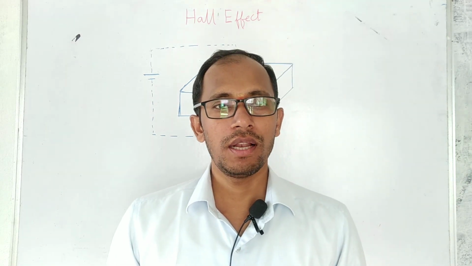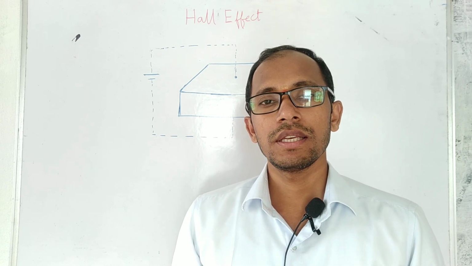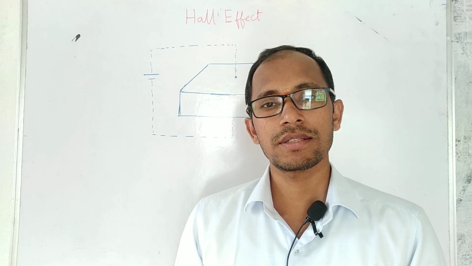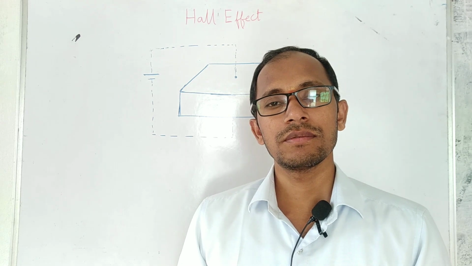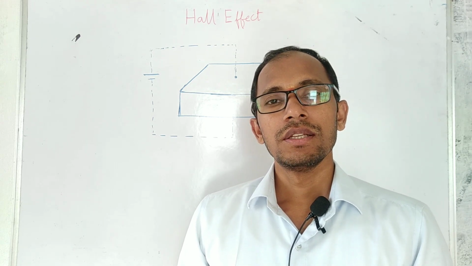So what do we mean by the Hall effect? When a current is flowing in a material, that means charge carriers are present in the material, the charge carriers are moving due to the application of the external electric field, that is, current is flowing.